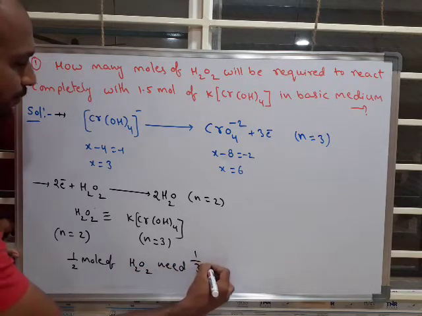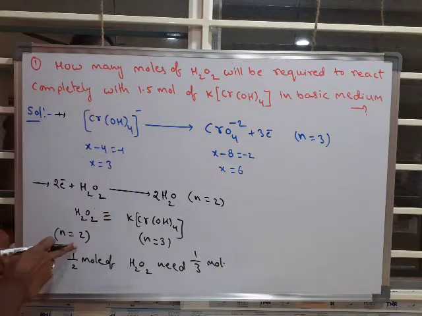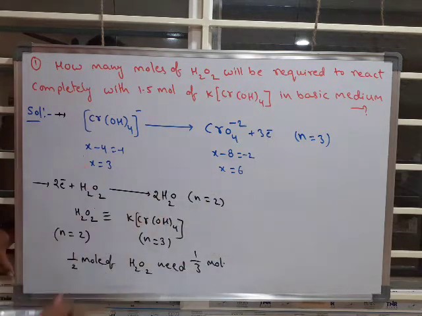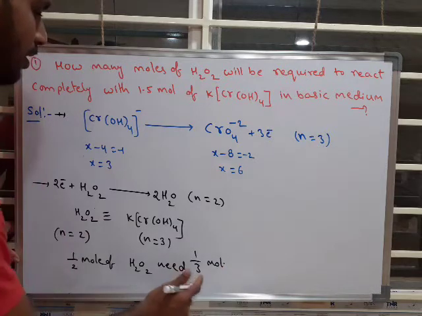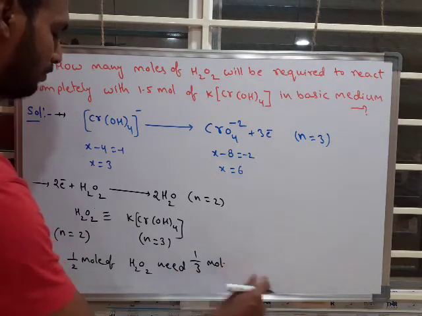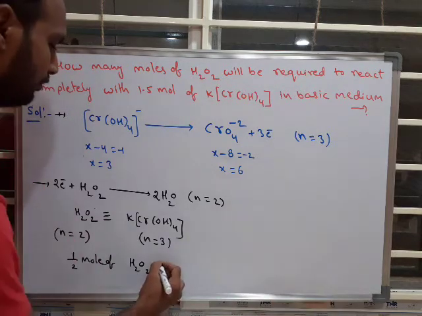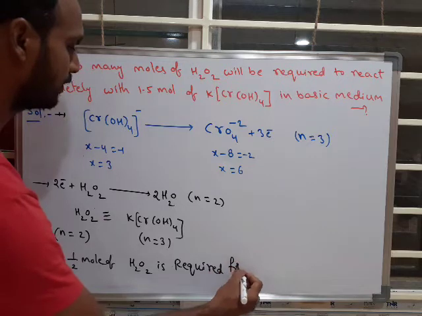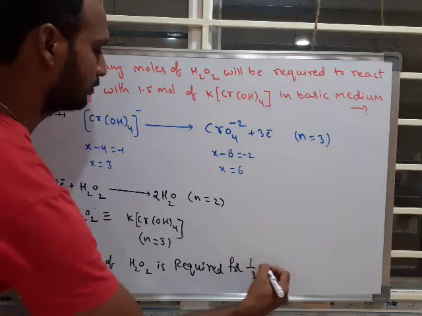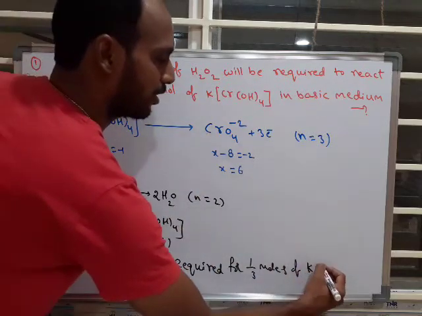So 1 by 2 moles of hydrogen peroxide is required for 1 by 3 moles of this complex, potassium tetrahydroxychromate.